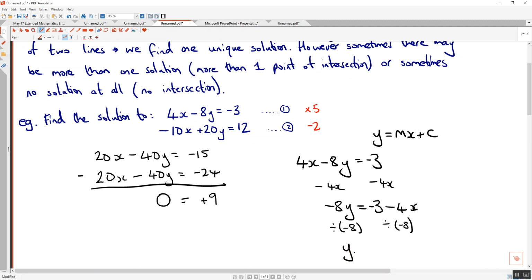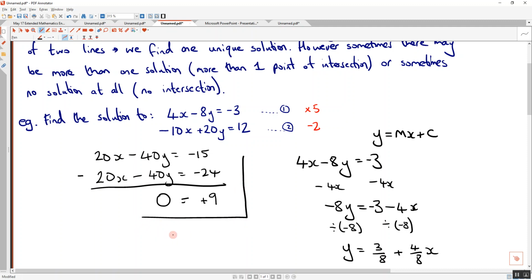So I end up with y equals 3 over 8, because it's a negative over a negative, it's going to be plus, I'll write it as 4 over 8x. Okay. So what is the gradient for this equation? Yep, 4 over 8 or 1/2. Okay. Let's have a look at the other one.